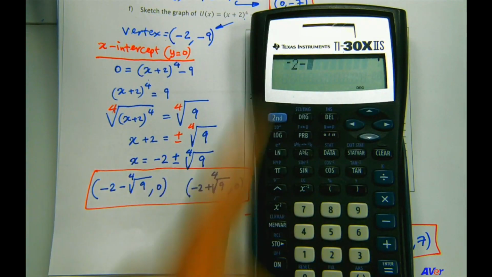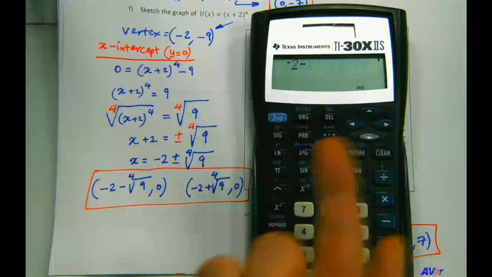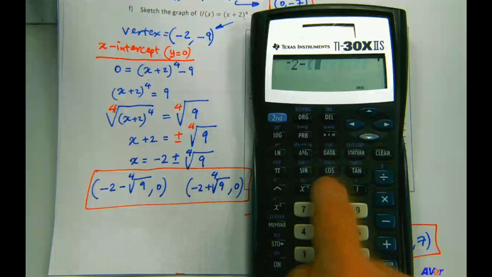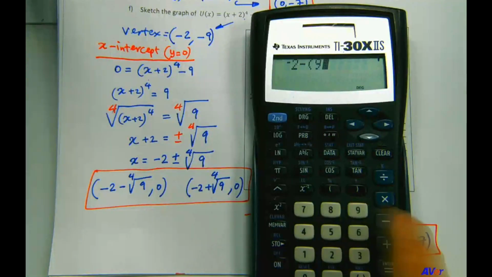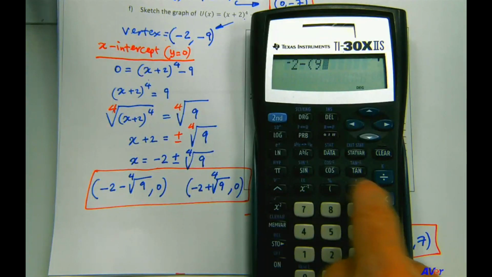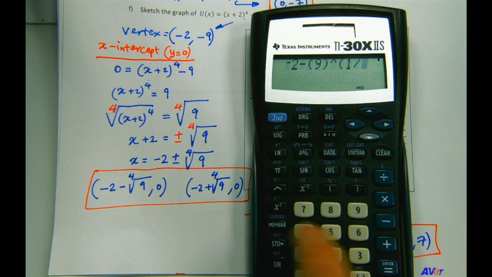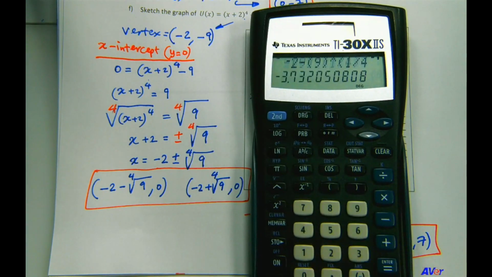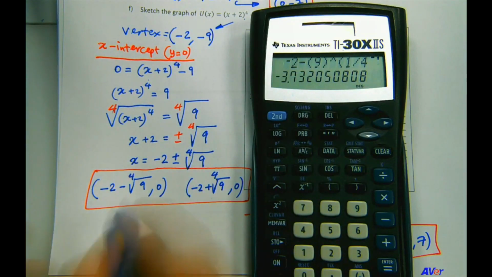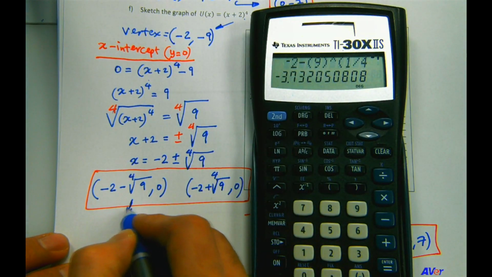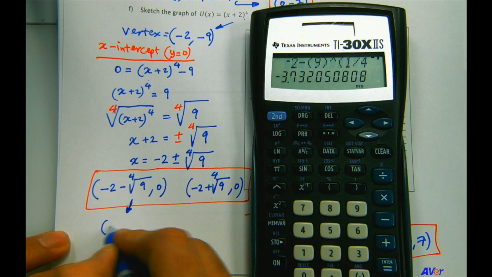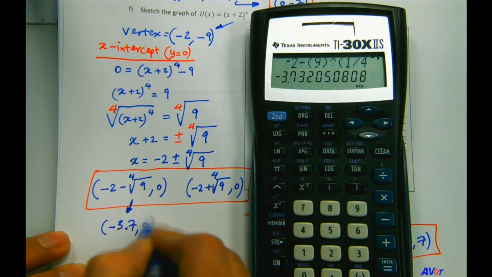That would be 9 to 1 over fourth power, right? So 9 raised to 1 over 4 power, like that. So minus 3.73, I'm going to round that to minus 3.7, right? So that is minus 3.7 comma 0.